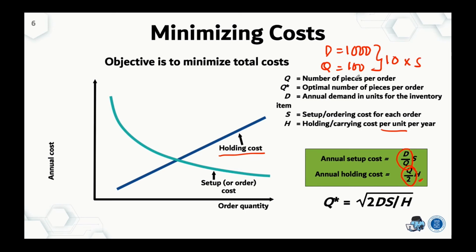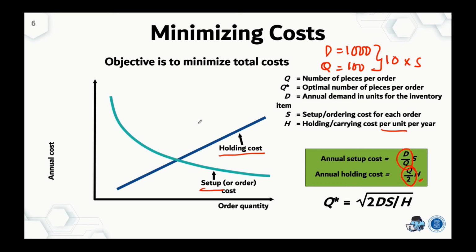So the higher the Q is, the better, because the setup cost is lower. But oppositely, a higher Q will increase the holding cost. So this is a trade-off between setup cost and holding cost.